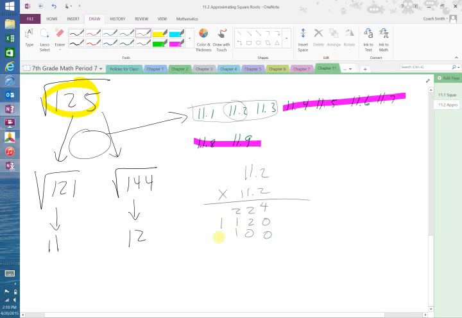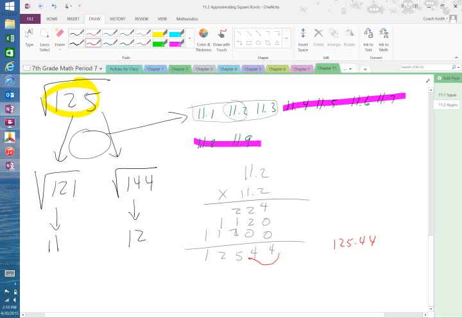That would be 2, 1, 1. That would be 4, 4, 5, 2, 1. I move it 2 places, be right there. So it'd be 125.44. And I'm looking for what?